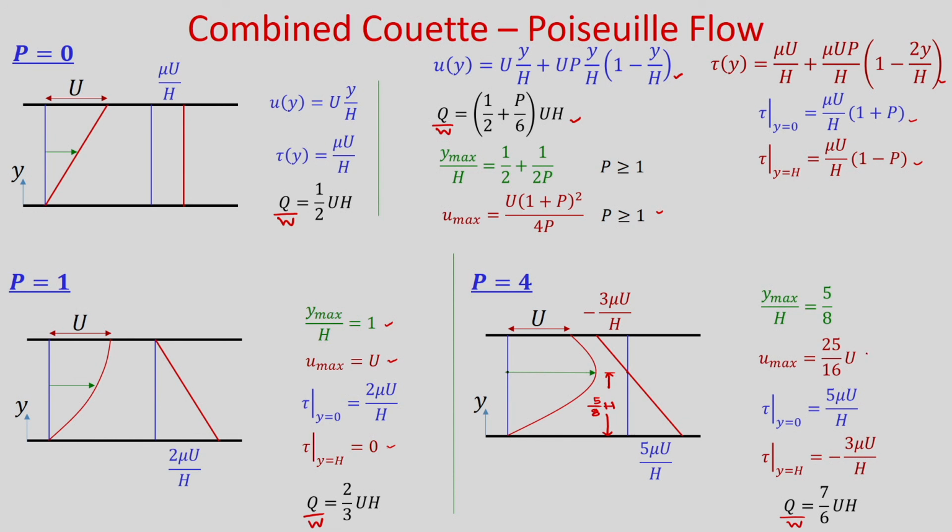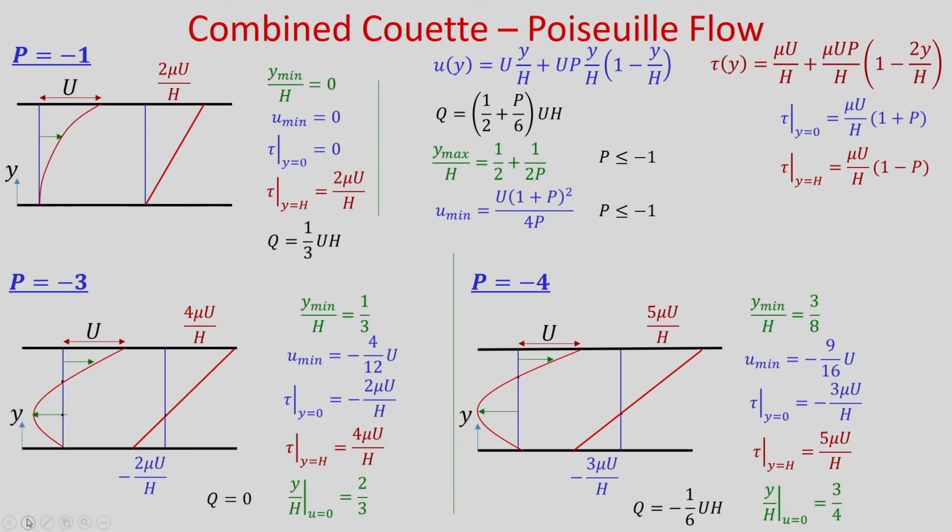So, you can see the maximum velocity is occurring inside the fluid domain, and for a favorable pressure gradient the location y max by h is half plus 1 by 2 P, and P is obviously a positive quantity. So, the maximum velocity will always occur near the top plate, because it is half plus something, right. So, it will be near the upper plate.